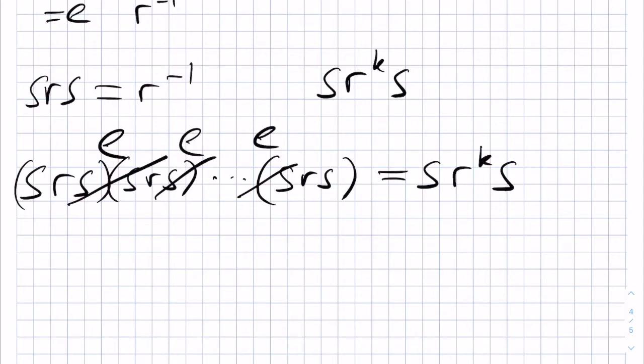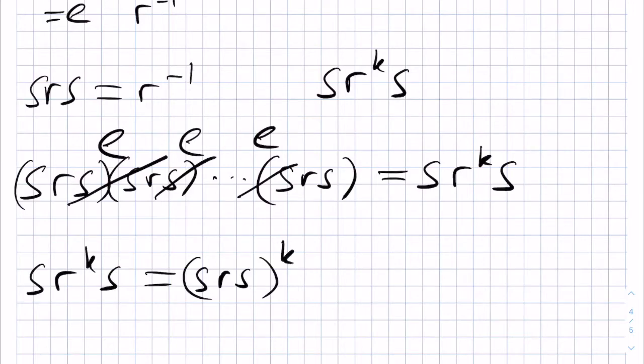So we have found sr to the k s in terms of srs. But since we have this relationship above that tells us that srs is r to the minus 1, therefore we have r to the minus 1 to the power of k, which is r to the minus k.